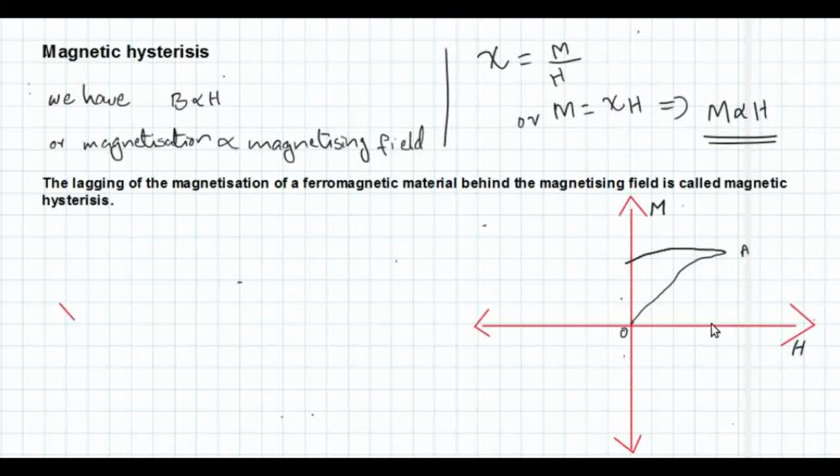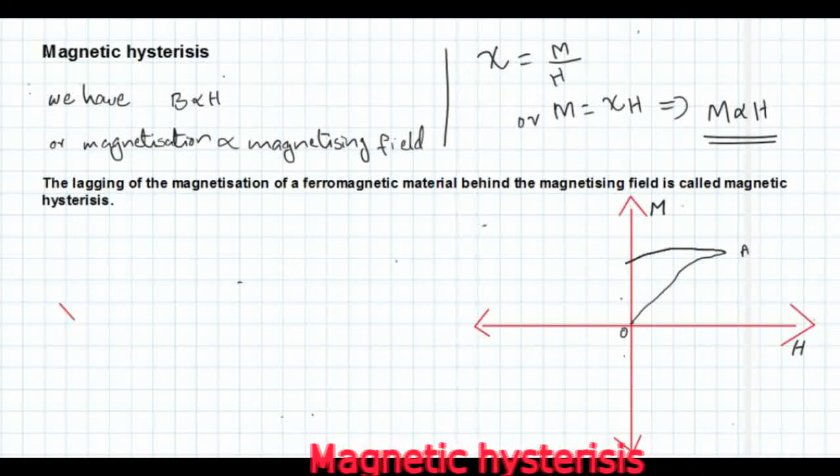Even if we reach this point by decreasing the magnetizing field, there is still a large value for the magnetization, right? So even though we are decreasing the magnetizing field, the magnetization of this material remains high. That is why it takes a different path. This is how the magnetization of the ferromagnetic material and the magnetizing field behave.